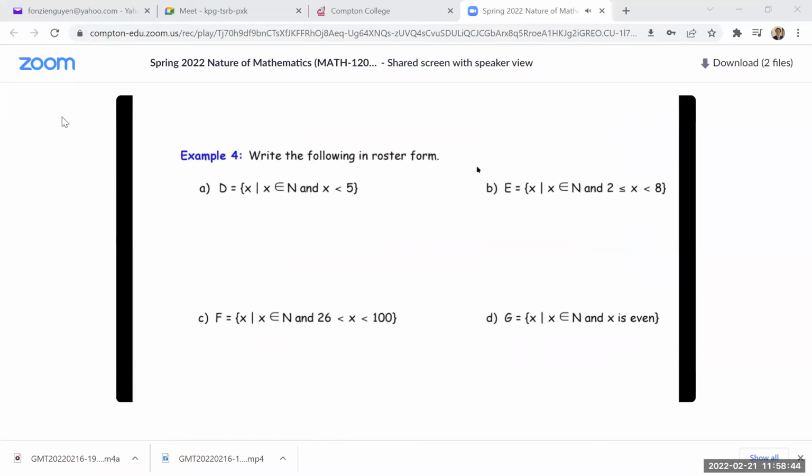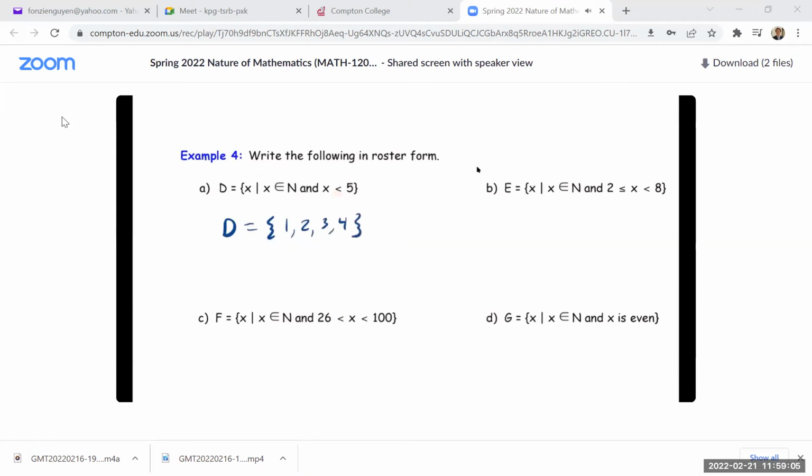So this one would be D equals, what would be the first number in this set if you're writing it in roster form? 1. Yeah, and then it would go all the way to 4, because it doesn't say equal to 5. It just says less than 5. Very good.